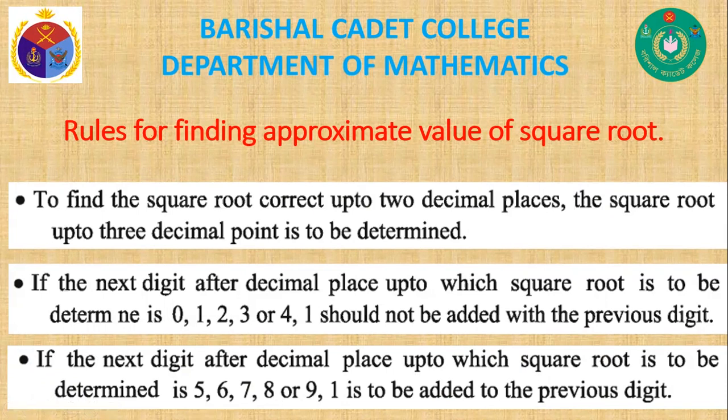That is, if it is essential to find the square root up to 2 decimal places and the number is 3.467, here the third digit, that is 7, is greater than 5, so the result will be 3.46 and 1 is added, so 6 becomes 7, that is 3.47.